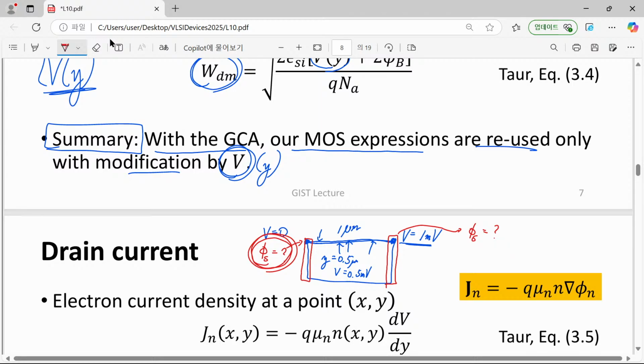You can solve once again the MOS equation with this modified expression for your surface charge. And even for any arbitrary position, for example 0.5 micrometer, now you have a different electron quasi-Fermi potential, and also you can solve that problem. So are you with me?